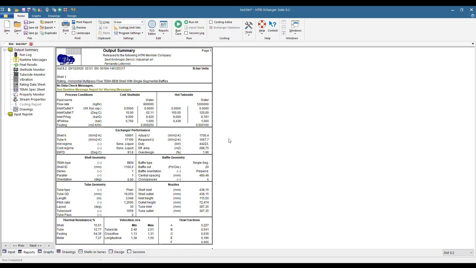So even low fouling factors will reduce the thermal exchange capability of our unit when it is fouled.